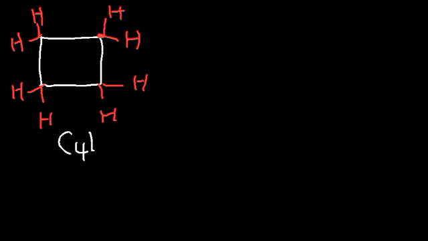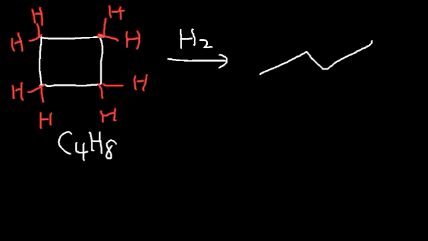It's C4H8. And so if you add hydrogen gas to this, it's going to open up and turn into butane, which is C4H10. So cycloalkanes with a lot of ring strain can react with hydrogen gas so that the ring strain can be relieved. But cyclopentane and cyclohexane, they don't react with hydrogen gas.